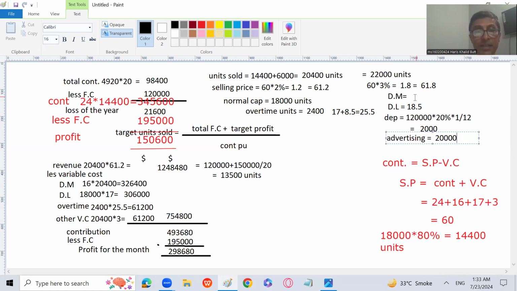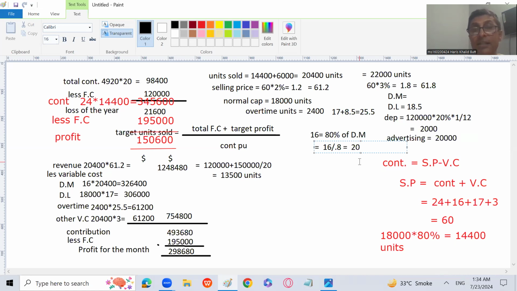So it means that 16 is equal to 80% of the direct material price. So the price of direct material, 16 divided by 0.8, that is going to be 20. So the direct material price was 20.